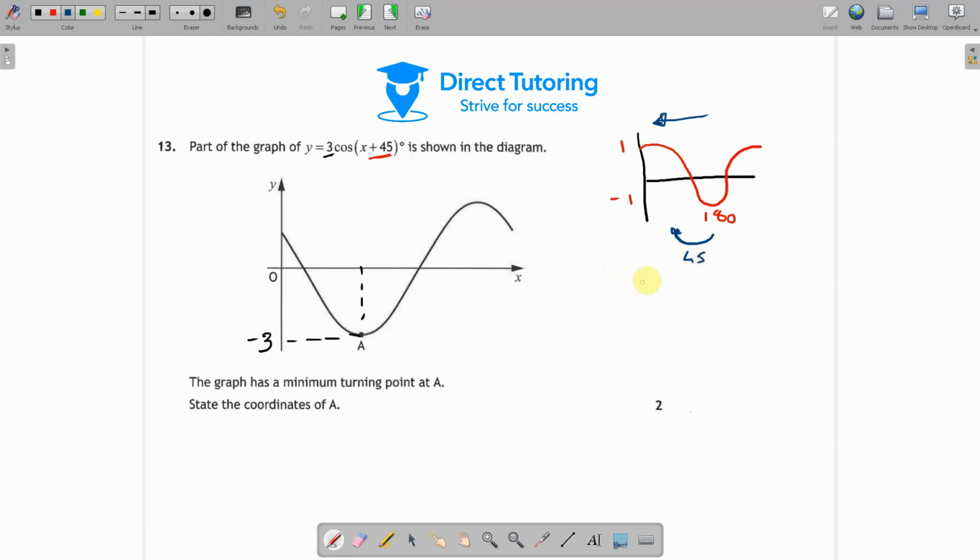So the x coordinate here is then going to be 135. So you could write A's coordinates as 135 and minus 3.